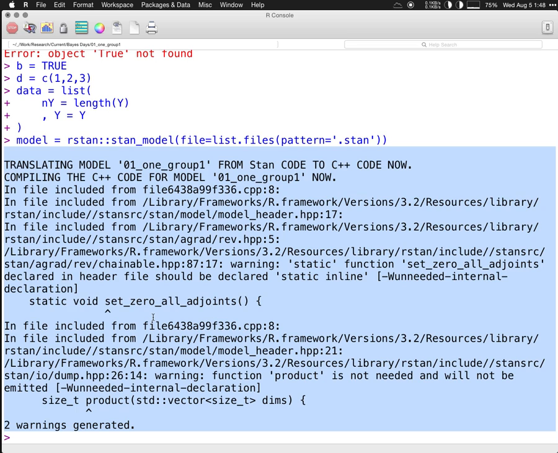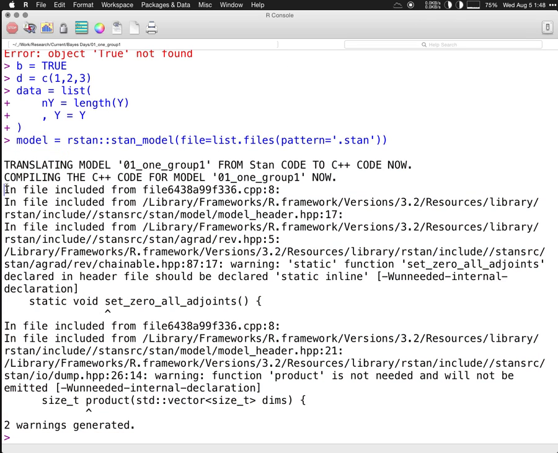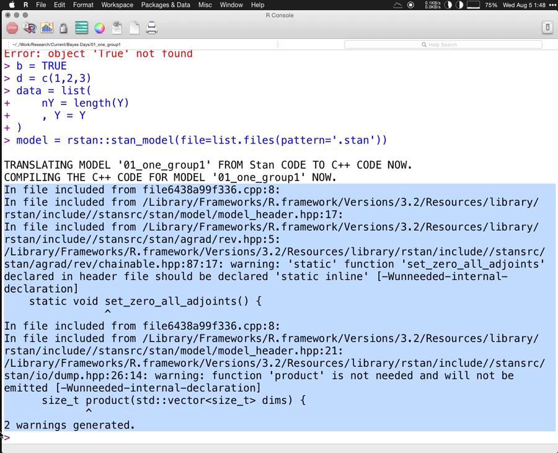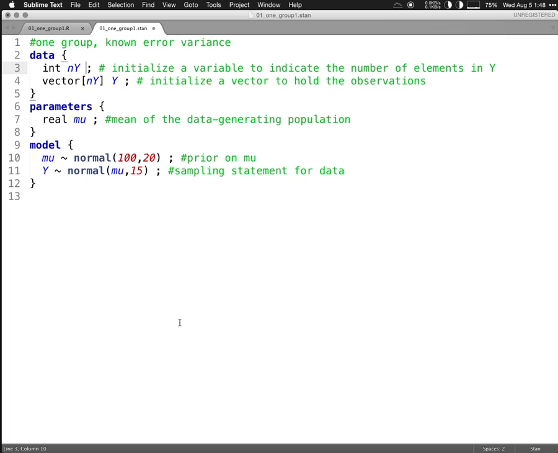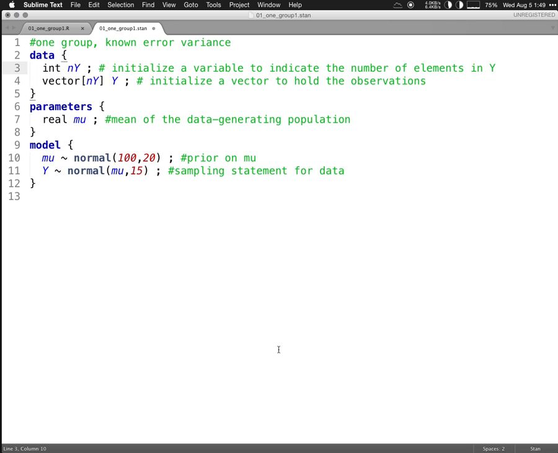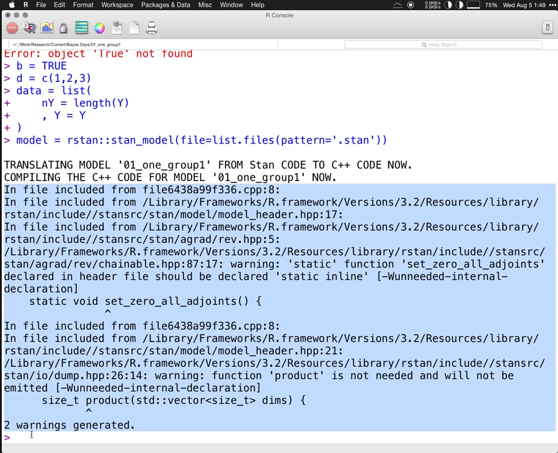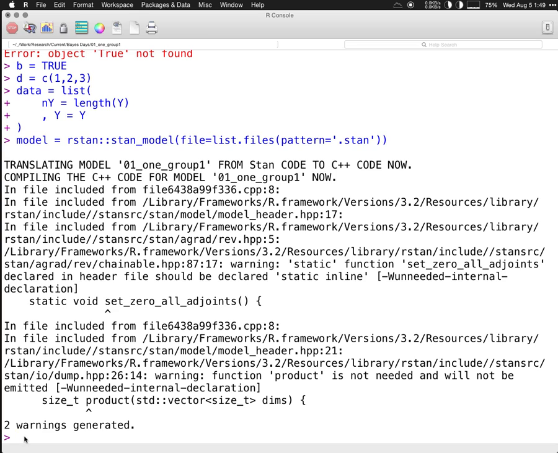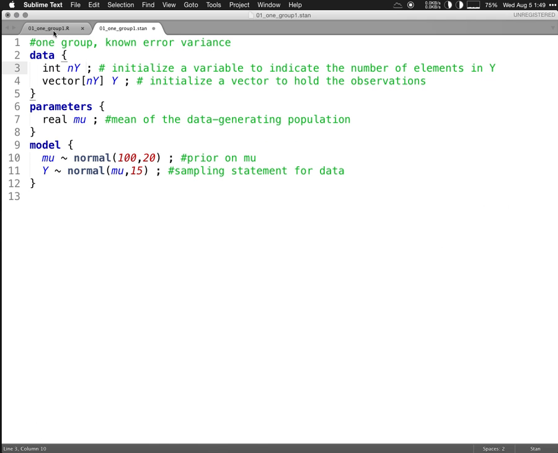But if everything's okay, it's going to take a long time, and it might also spit out some warnings. You generally can ignore those warnings. They're mostly for the developers, and they're due to things that RStan relies on underneath the hood. It's actually not a big deal. So you can ignore the warnings as long as it's gone through. We can now use that model.